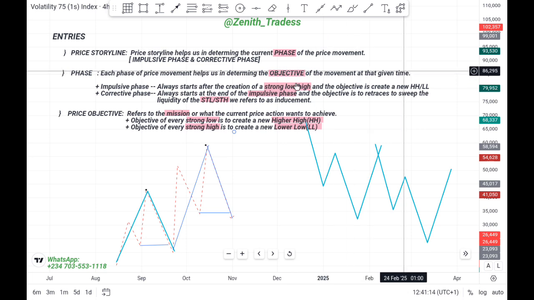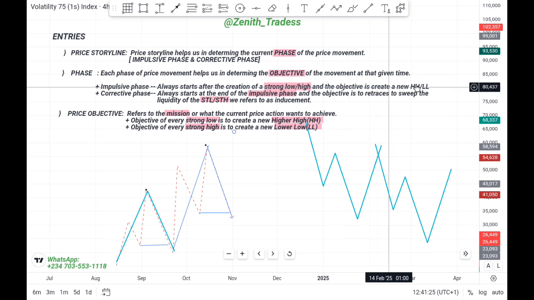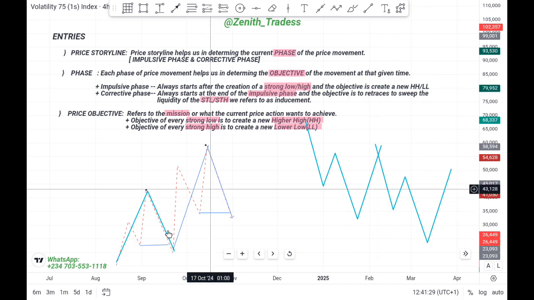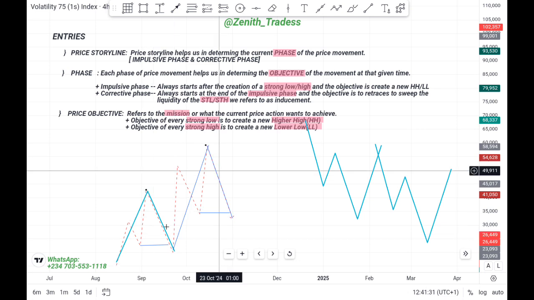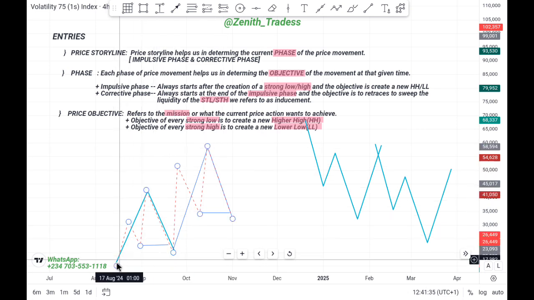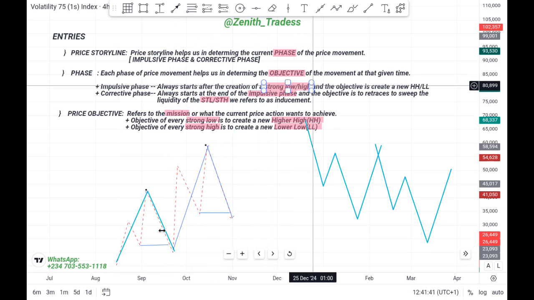All right. We have the impulsive move. The impulsive move always starts after the creation of a strong low or high, and the objective is to create a new higher high or lower low. Let's say for a bullish scenario that I've just given here with a schematic diagram, if you start from this strong low, they say an impulsive move always starts after the creation of a strong low.